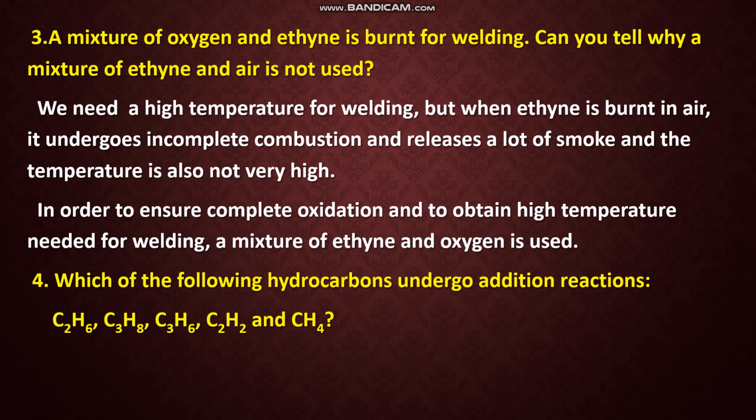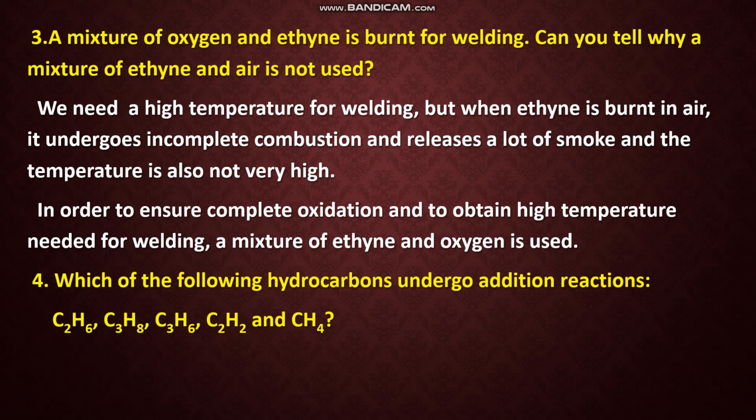Here n is 2, so the hydrogen number is 2 into 2 plus 2, that means 2n plus 2. So that is an alkane. It is saturated. Same way we can find out other hydrocarbons also. C3H8, that is also a saturated one, an alkane. C3, n is 3, H is 8. So 2 into 3 plus 2, that is also an alkane.